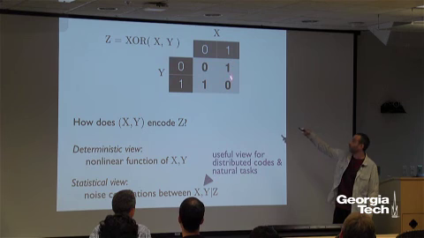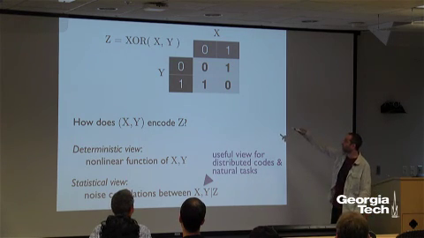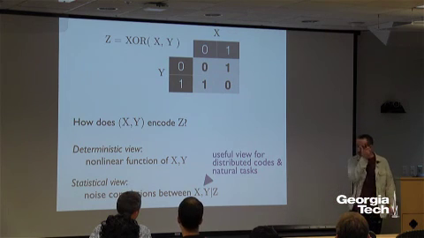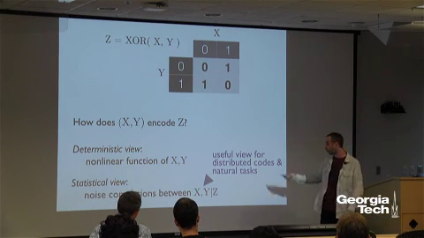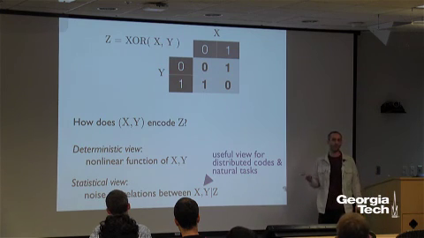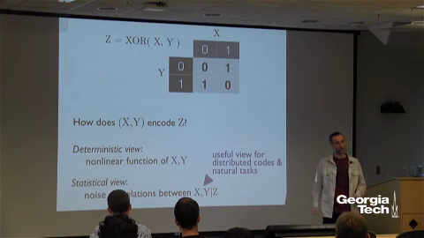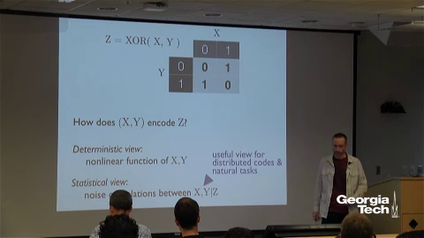And if Z is 0, then X and Y are positively correlated. They'll both be 0 or they'll both be 1. So these two can be viewed as equivalent, but it can be useful to think of this in the statistical view when you have lots and lots of neurons that are doing things, and you can try to take statistics to figure out what is the code.